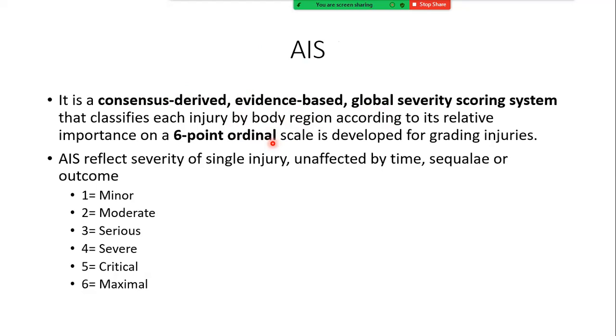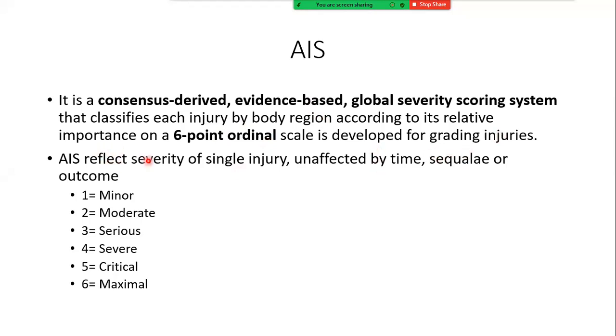So if one patient goes from an injury of 1 to 2 and another patient goes from injury 4 to 5, it does not mean that they have equally progressed or decreased, vice versa. This is the meaning of ordinal scale, and it is developed for grading injuries.